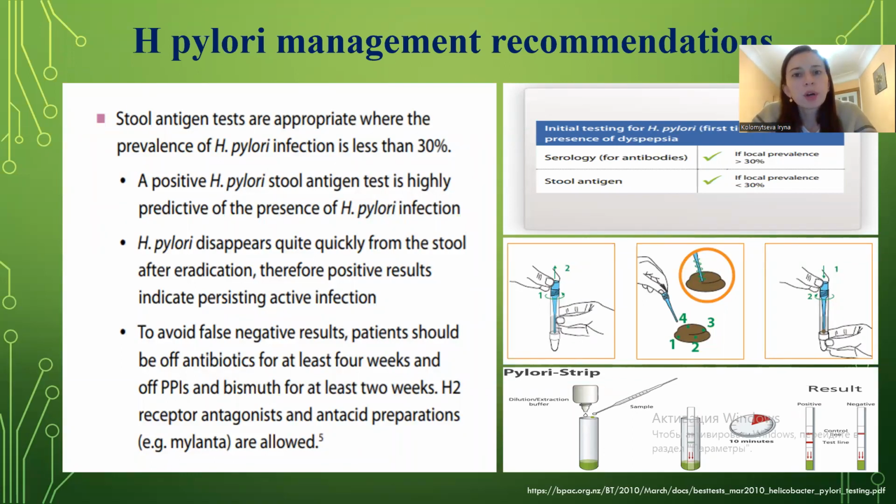Helicobacter management recommendation. Stool antigen tests are appropriate where the prevalence of Helicobacter pylori infection is less than 30%. A positive Helicobacter stool antigen test is highly predictive of the presence of Helicobacter pylori infection. Helicobacter pylori disappears quite quickly from the stool after eradication, therefore positive results indicate persistent active infection.